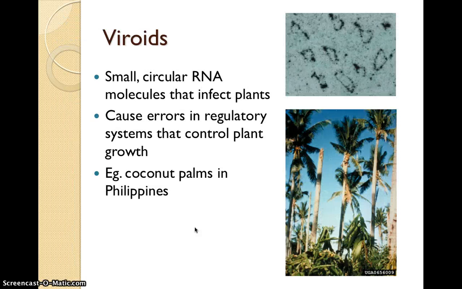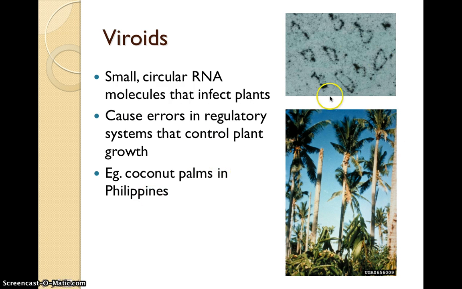And then this is another thing, viroid. Viroids are something that causes plants to get sick. They're very similar to viruses, but they don't affect animal cells. They affect plants.